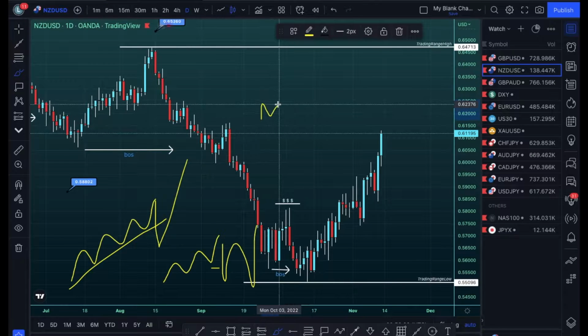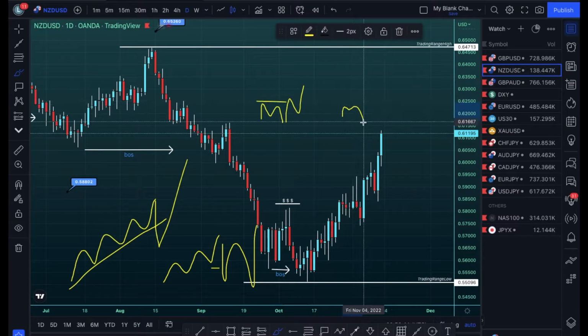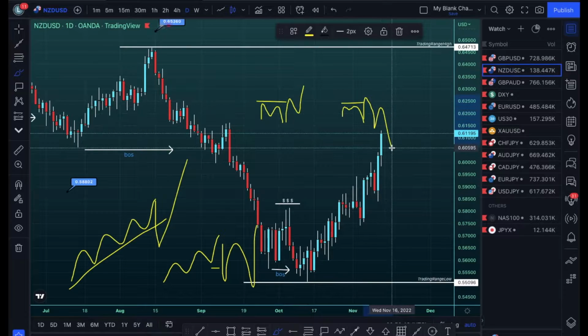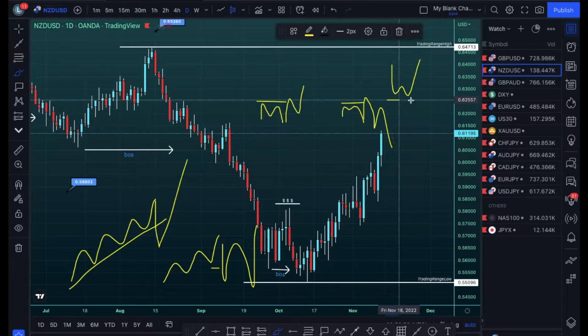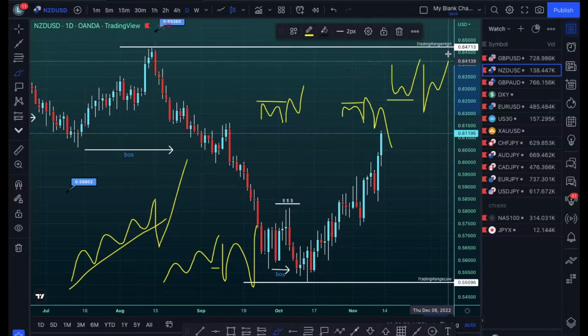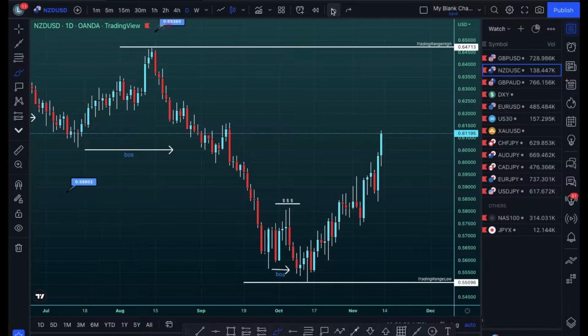Liquidity could be in the form of double tops, right? And then price takes it out to make the move whichever way it wants to go, right? Because it could take it out and then continue to move lower, right? And it could be in the form of double bottoms, right? Take out. So liquidity comes in a lot of shapes and forms, right? You just have to be able to know how to spot them, right?